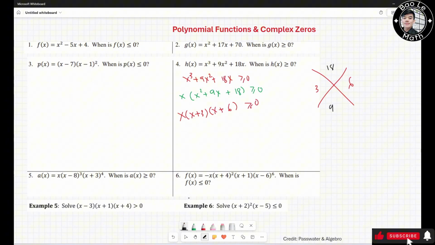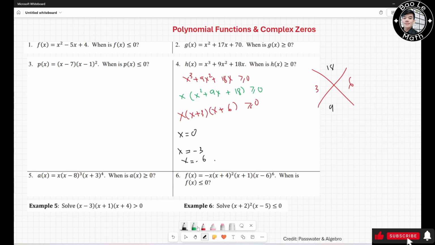Now I need to find the zeros. So I have s equal to 0. The second one, s plus 3 equal to 0, so s equals negative 3. The third one, s plus 6 equal to 0, so s equals negative 6.